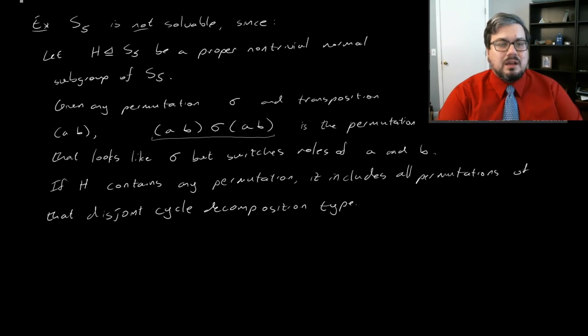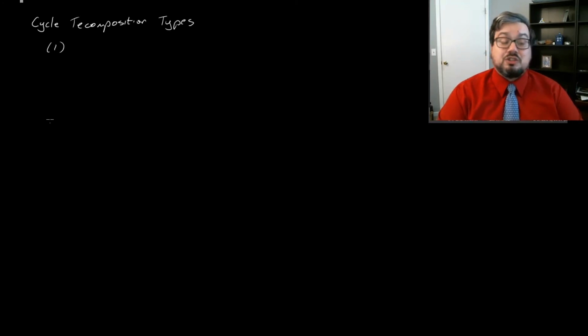There are only 7 different disjoint cycle decomposition types in S5. So we have the following cycle decomposition types. We have just the trivial, the identity permutation. That's pretty trivial.